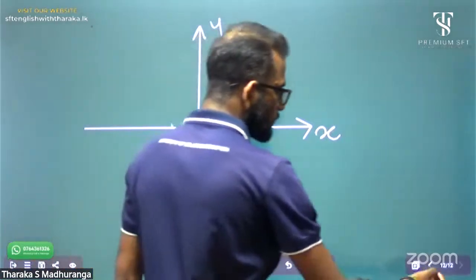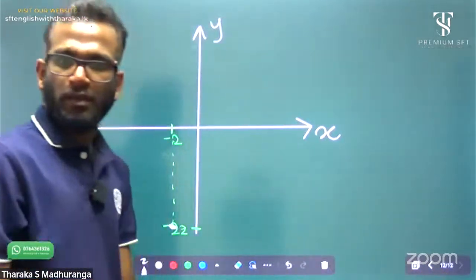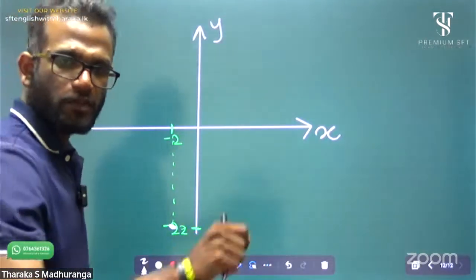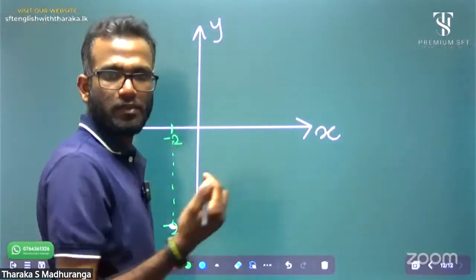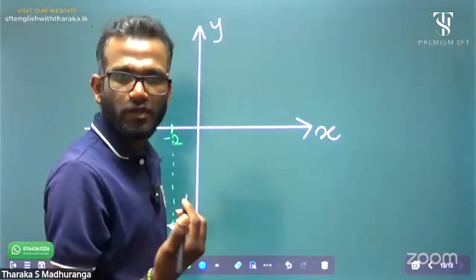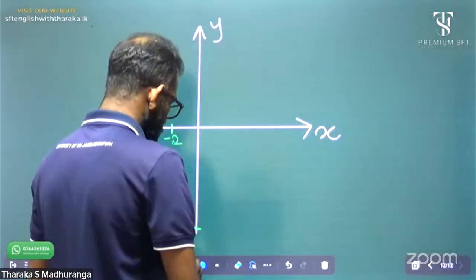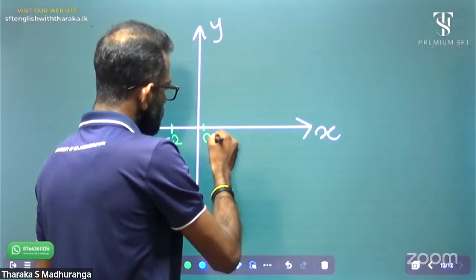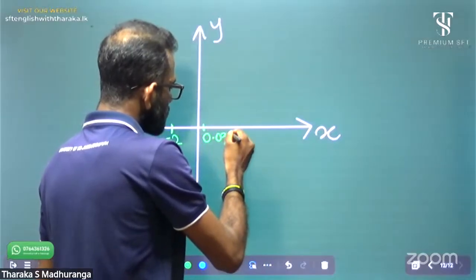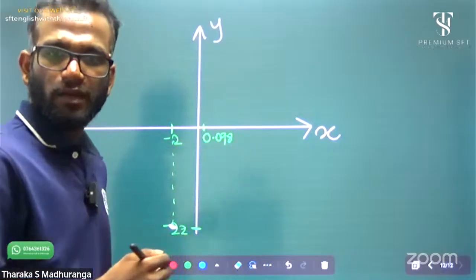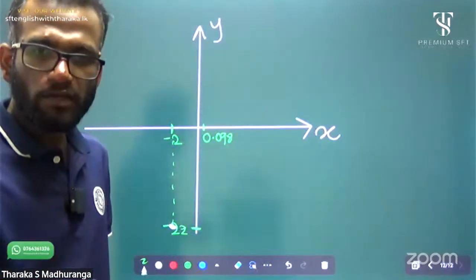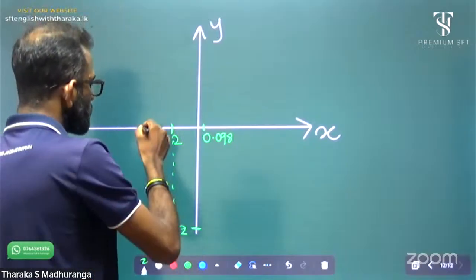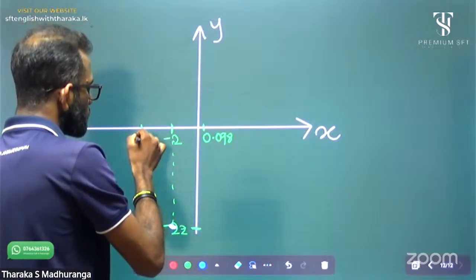Now, what are the x-axis cutting points? 0.098, very close to 0. The next one, 4.098.